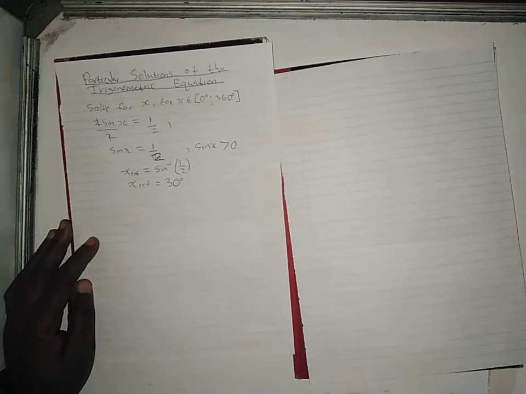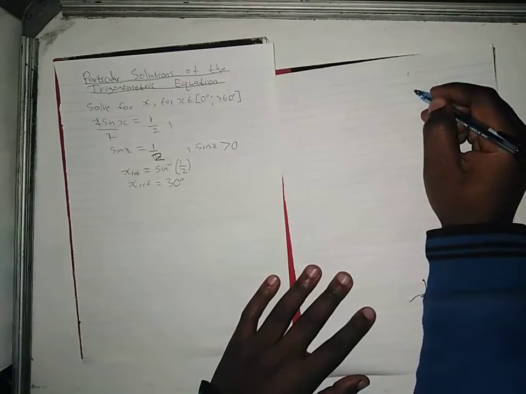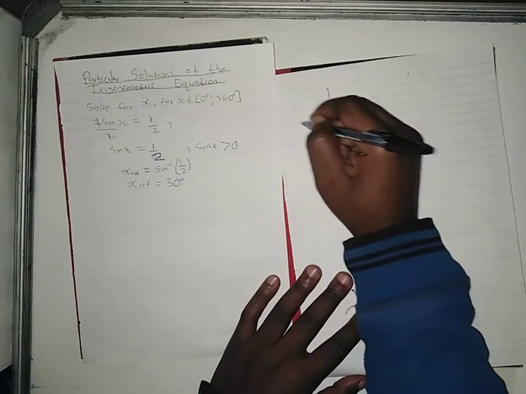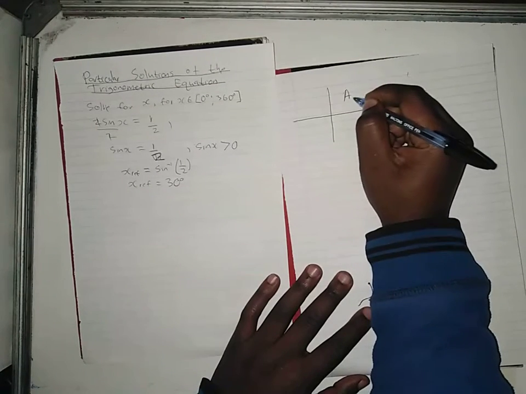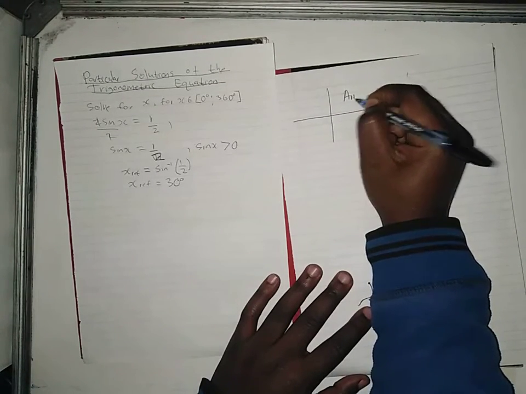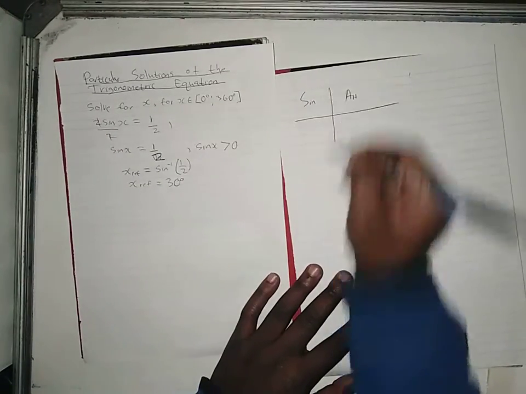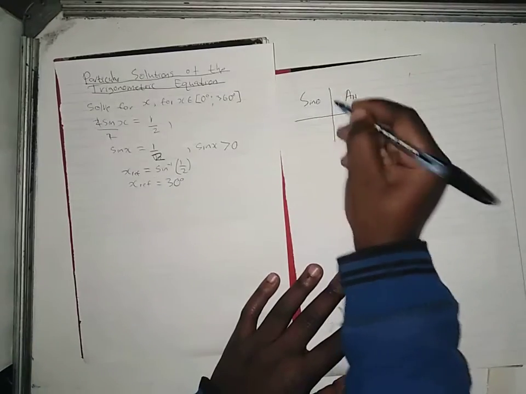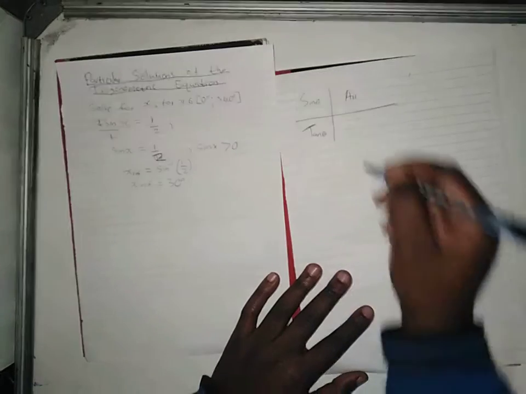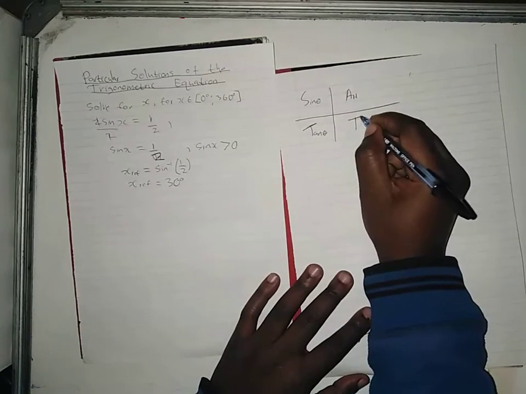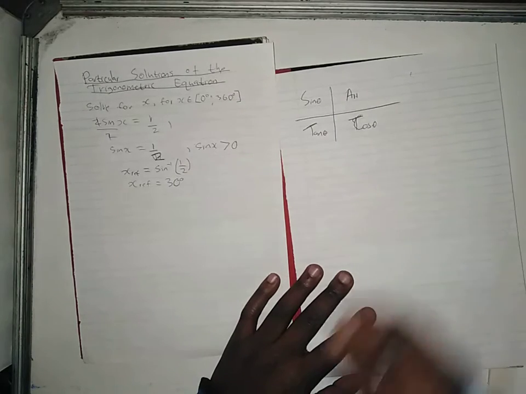You must remember that you had something called the CAST diagram, where all trigonometric functions are positive here, and here it's only sine theta that is positive, and here only tan theta is positive, and here only cos theta is positive.